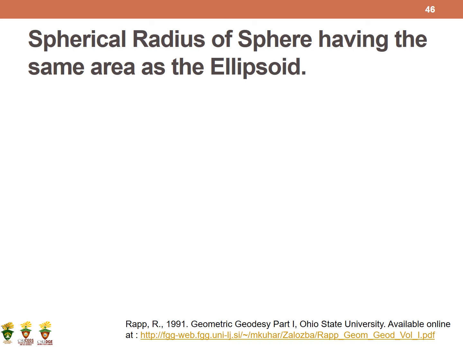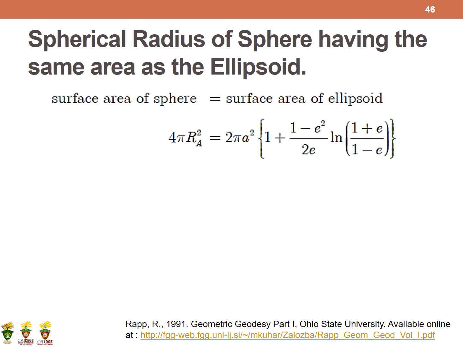Next radius is the radius of the sphere having the same area as the ellipsoid. So the surface area of the sphere, let's recall, is 4 pi r squared. And ang kanisya is ang surface area sa ellipsoid: 2 pi times a squared times the quantity of 1 plus (1 minus e squared) over 2e times the logarithmic function of (1 plus e) over (1 minus e).